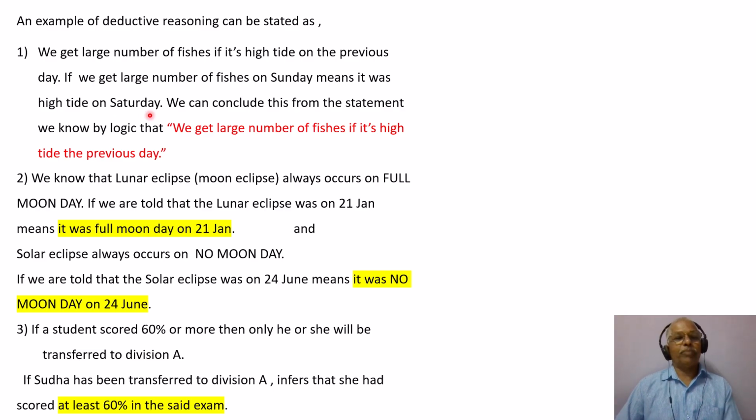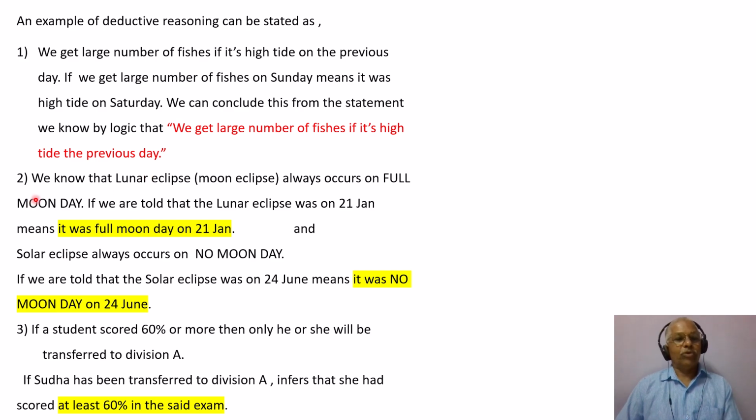We were not present on Saturday, we have not seen. But if this statement is true, and if we get a large number of fishes on Sunday, that means it was high tide on Saturday. So we can conclude this from the statement, by logic, that we get a large number of fishes if it's high tide on the previous day.